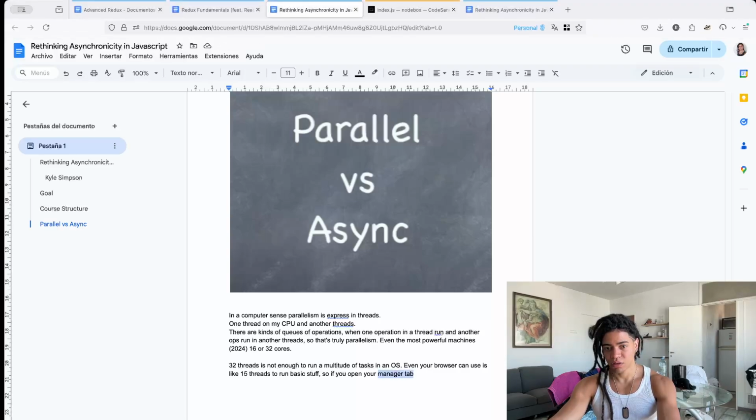If you ever open the task manager of Chrome, you're going to see a lot of running processes.